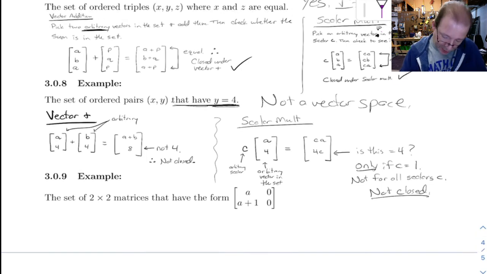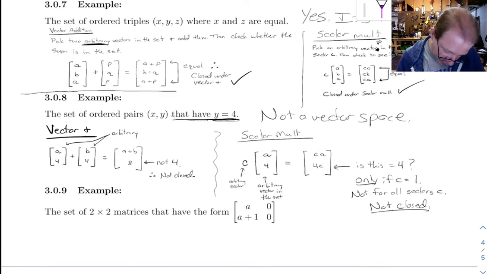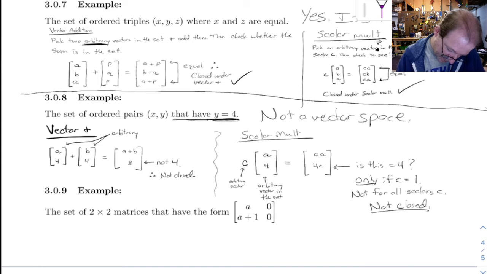Now, it turns out there are actually two other ways we could see that it's not a vector space. One is the fact that it doesn't contain the 0 vector. It only contains vectors that have something there and a 4 on the bottom.